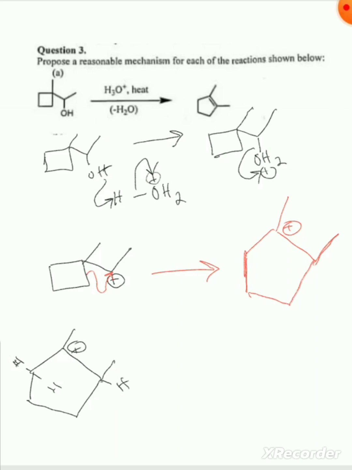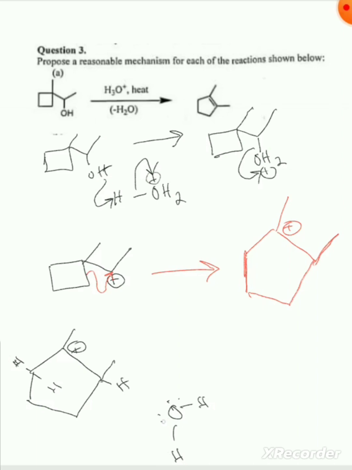When you are given such a question with a less bulky base, you're going to get that water which has been formed like this. This is the water that was formed here. So we are going to attack the hydrogen. Which hydrogen?